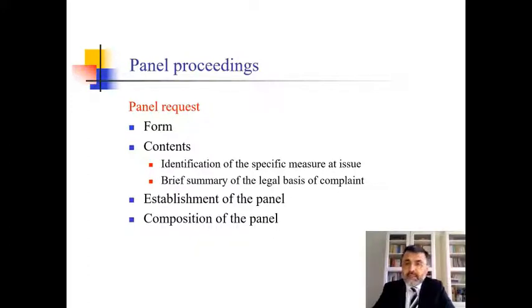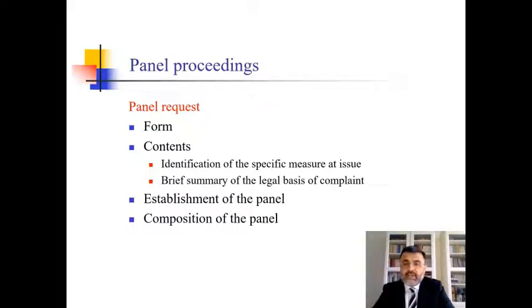Following establishment, the next step is the composition of the panel. In other words, identifying the individuals who are going to serve as panelists in this dispute, who are going to be the members of this panel. According to the DSU, a panel may be composed of 3 or 5 individuals, but until now, it has always had 3 members.